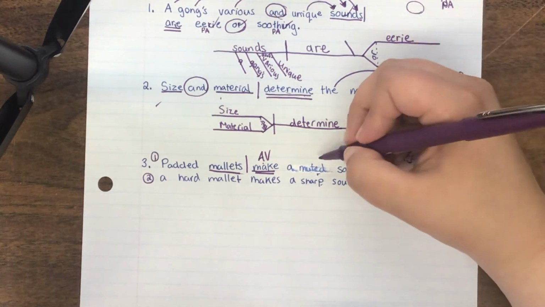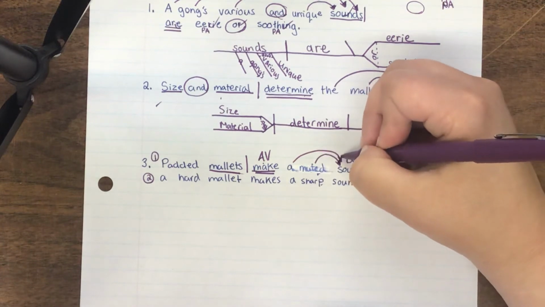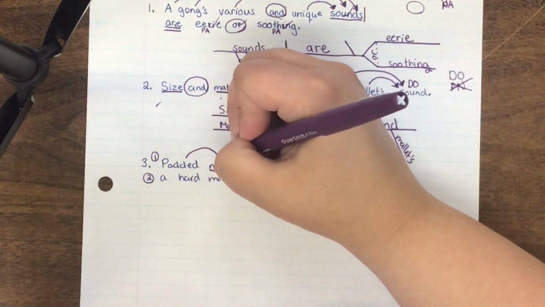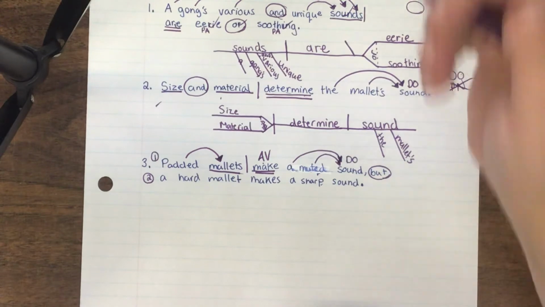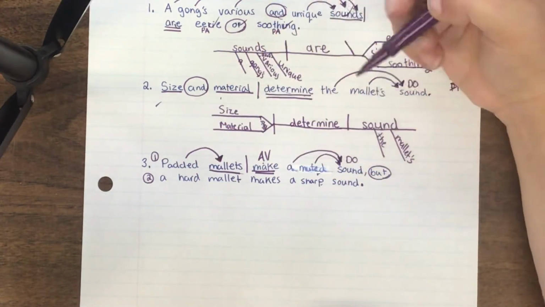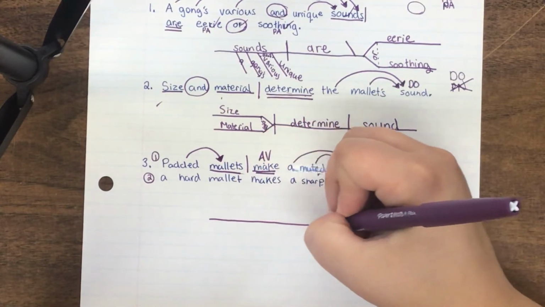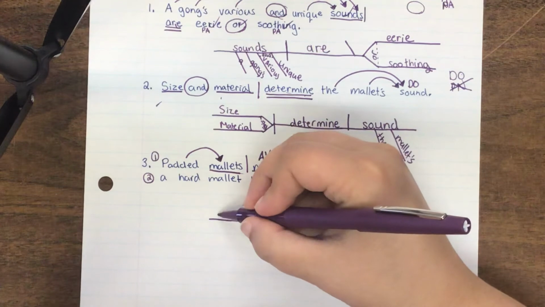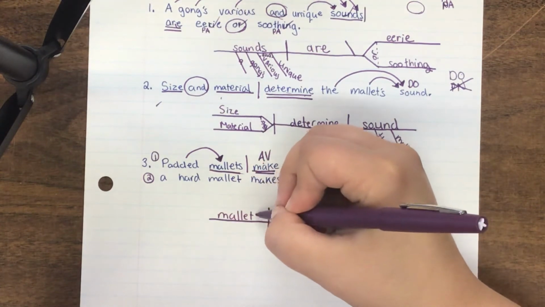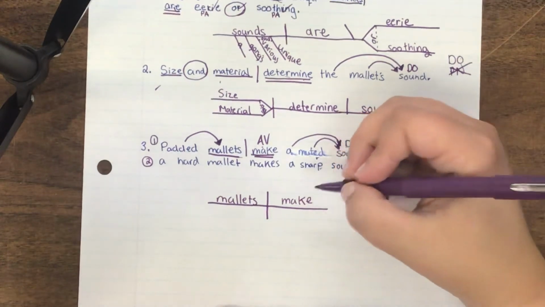Now I have my describing words. Muted describes sound, a describes sound, and padded describes mallets, just like that. So that first part of the sentence is all diagrammed, and it can make its own diagram. Let's look at this. So start with my subject and my verb. Mallets make, just like that.